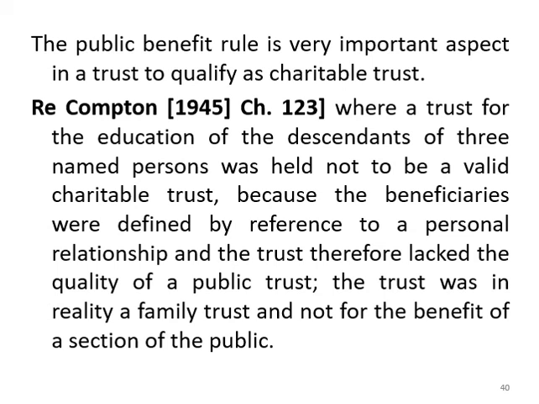Because if it is a public trust or charitable trust, it should be for the benefit of the general public instead of descendants of 3 named persons. The trust was in reality a family trust, not for the benefit of a section of the public.